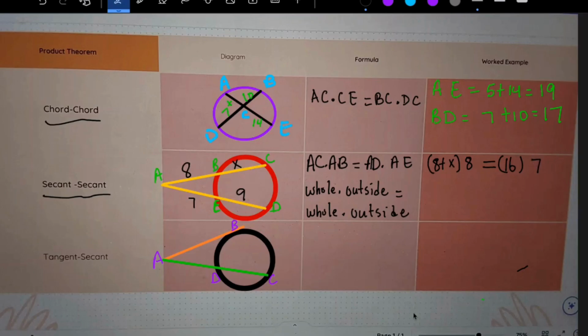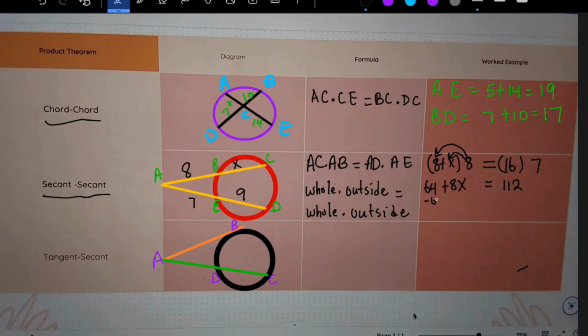So let's distribute and solve. 16 times 7, that's 112. And then I'm going to do 8 times 8 and 8 times x. So I have 64 plus 8x. And then we solve for x.